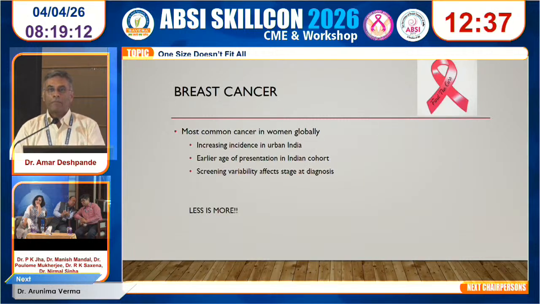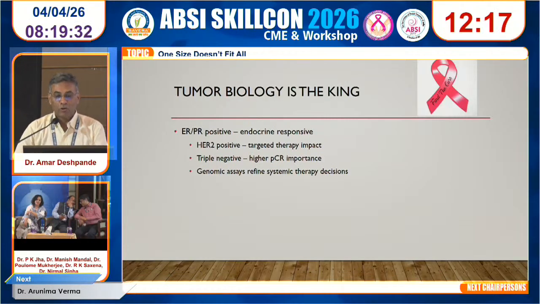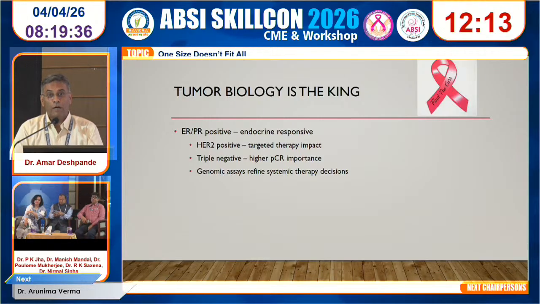So we know that breast cancer is the most common cancer, and when the treatment of breast cancer started, it was radical mastectomy, and we have progressed from there to less is more when it is oncologically safe. So tumor biology is the king. We know that. We have to tailor our management to the tumor biology.